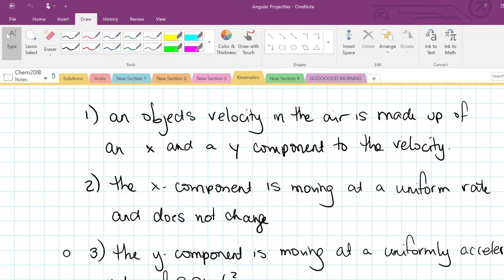And in the y direction, the object is continually accelerating toward the Earth at a rate of 9.81 meters per second squared. So the object in the y direction is moving at a uniformly accelerated rate.